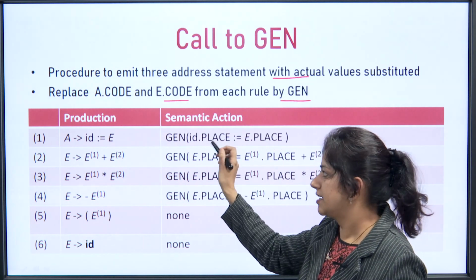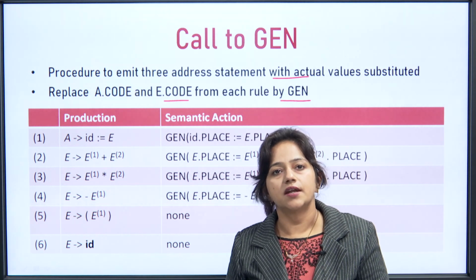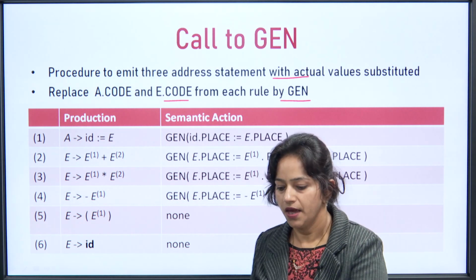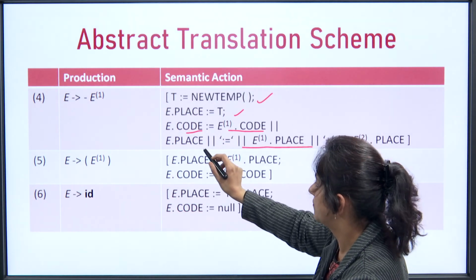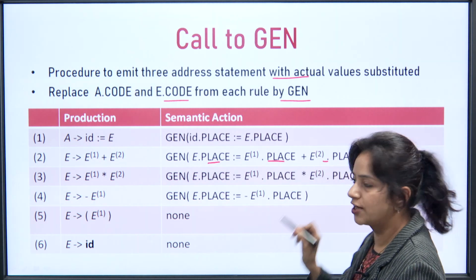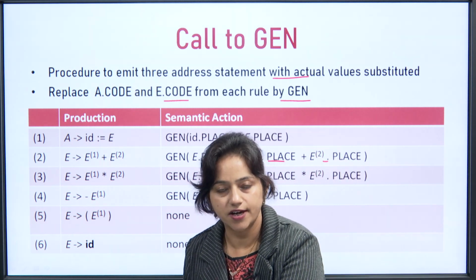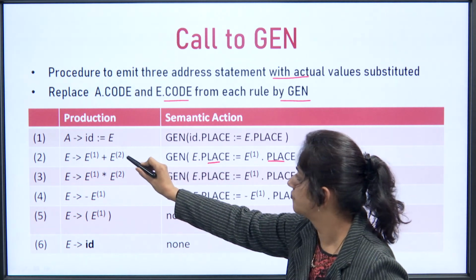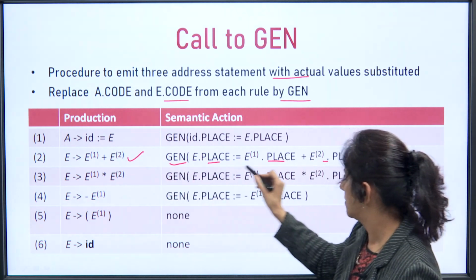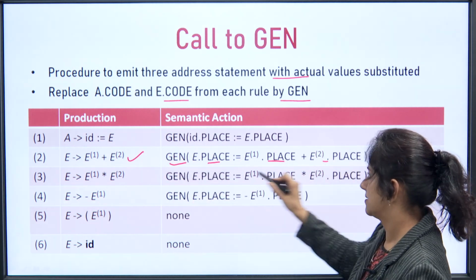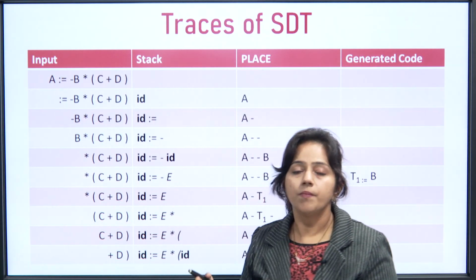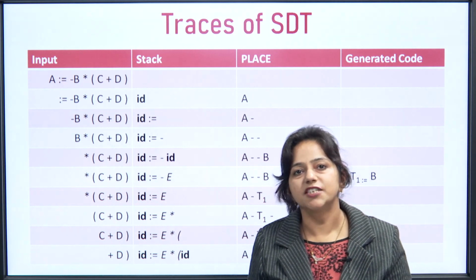So here we substitute the actual values, and we can write the generate function for every translation scheme. For example, E.place is equal to E1.place plus E2.place, in the temporary variable that we have created. Now we can obtain the traces for the SDT.